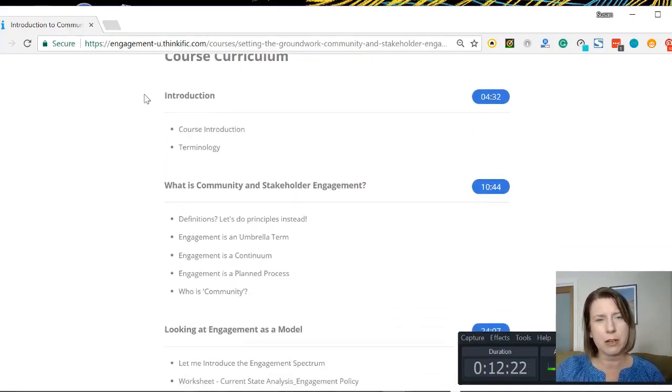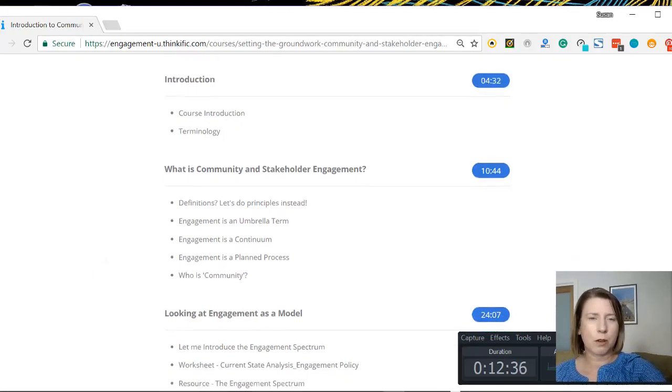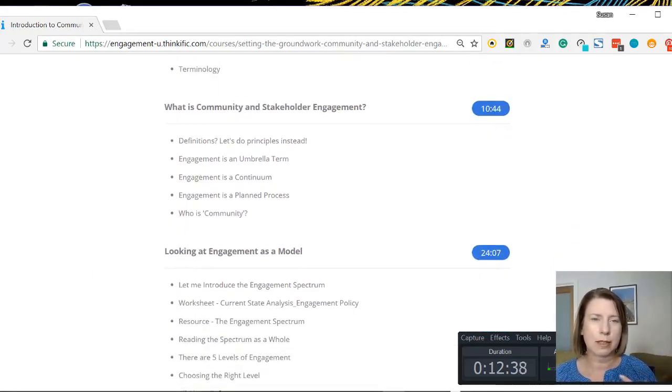So we have this area of introduction, and I'll talk a little bit more about that terminology and just make sure that we're all on the same page about who is who in what and what is what about all the terminology in the space. And we go more into, well, what is community and stakeholder engagement, and make sure that is clear. And there you can see we talk about, well, who is community, and that's around those categories of community that I was talking to you about.